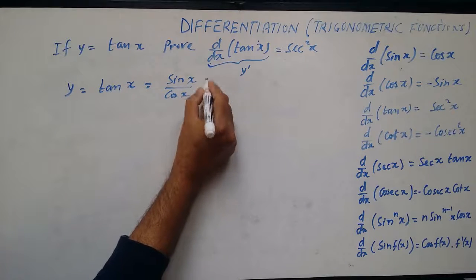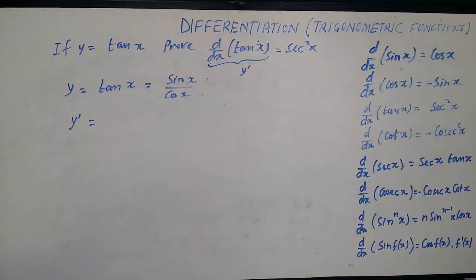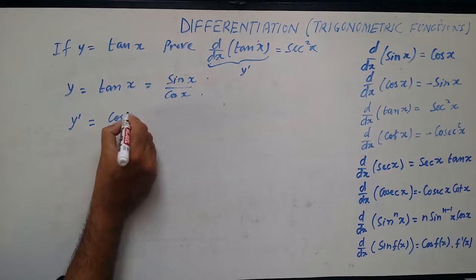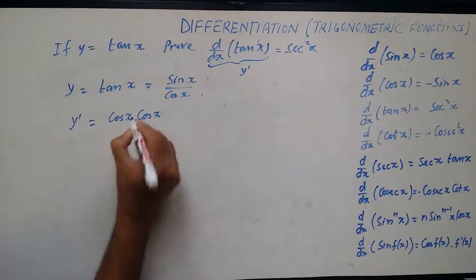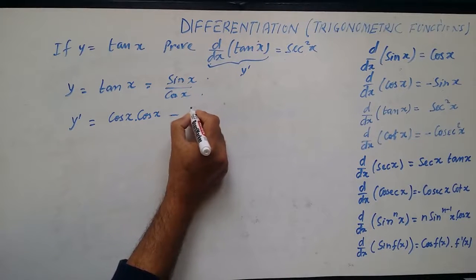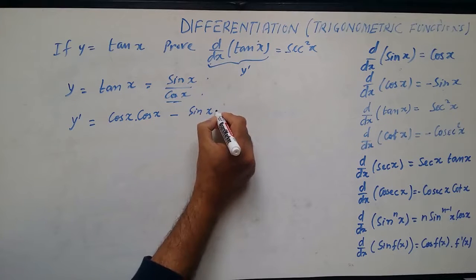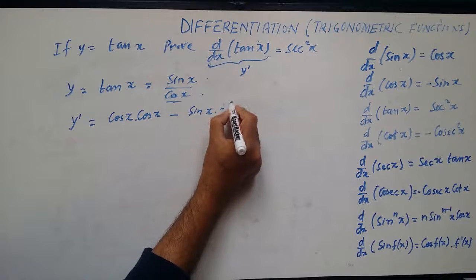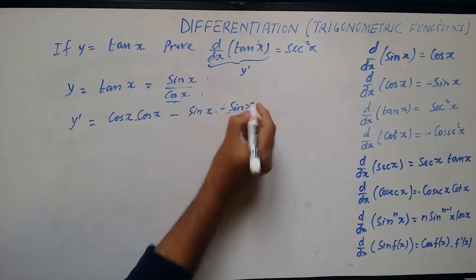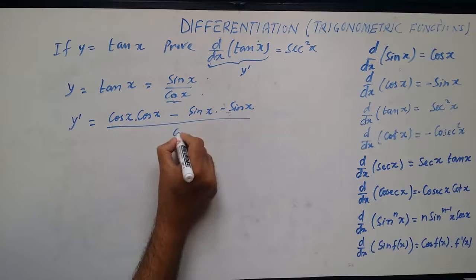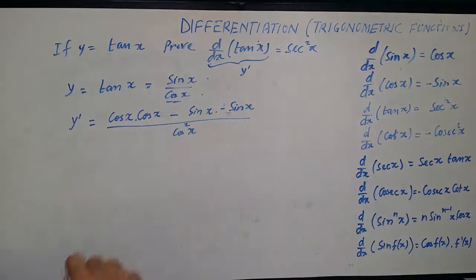So y dash is equal to cos x into the differential of sin x, that is cos x again, minus sin x into differential of cos x, because we know that differential of cos x is minus sin x, upon cos x whole square, that is cos square x.